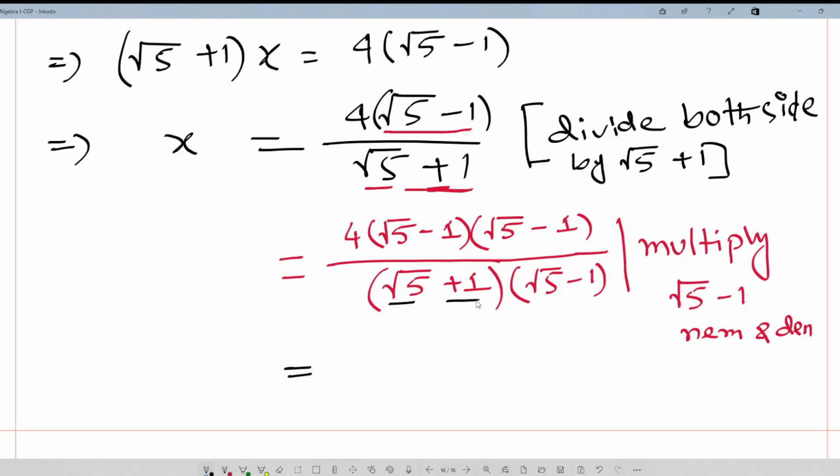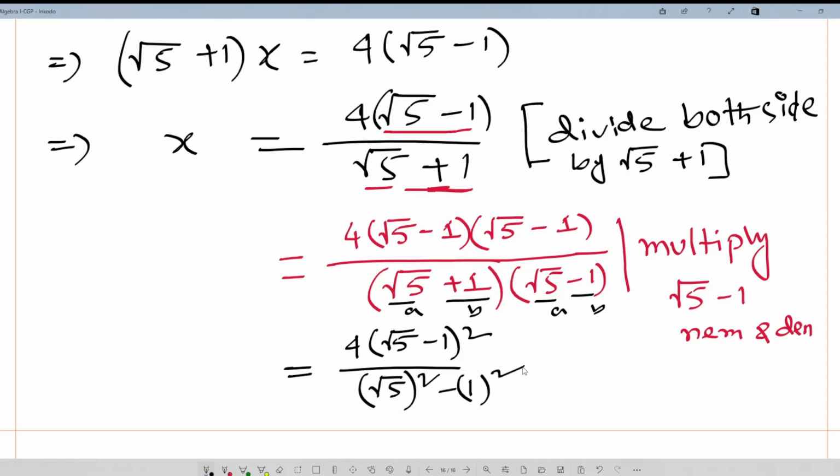Now look, (√5 + 1)(√5 − 1), just think (a + b)(a − b), right? And here in the numerator is 4(√5 − 1) whole square, and this one is √5 squared minus 1 squared.